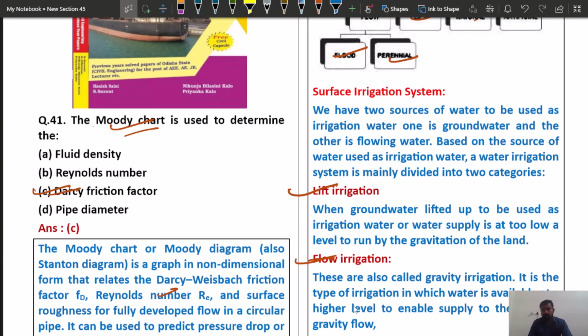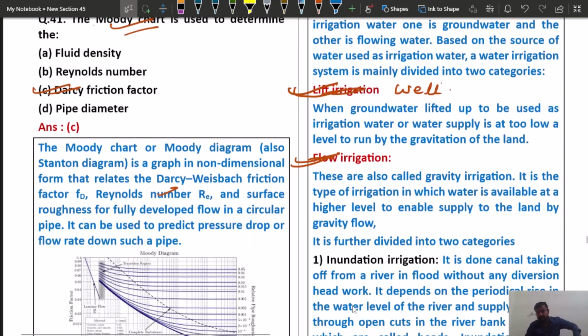When the ground level is higher than the water level, lift irrigation will proceed. Well irrigation is also a lift irrigation, where the source of water is lower than the field. In flow irrigation, the water is provided to the field by the action of gravity.